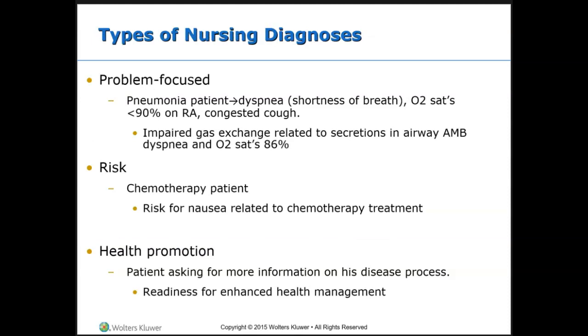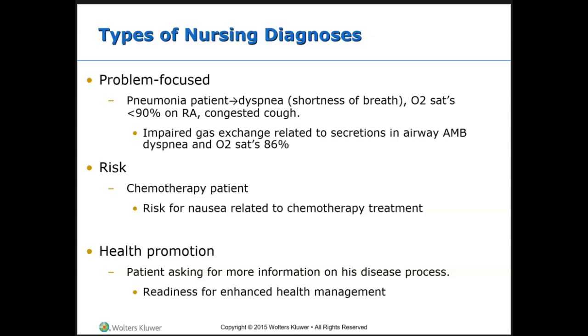So here are the different types of nursing diagnoses. So for a problem-focused nursing diagnosis, for example, for a pneumonia patient who is dyspneic or has shortness of breath, their SpO2 or oxygen saturation is less than 90% on room air, and you can hear a congested cough, right?